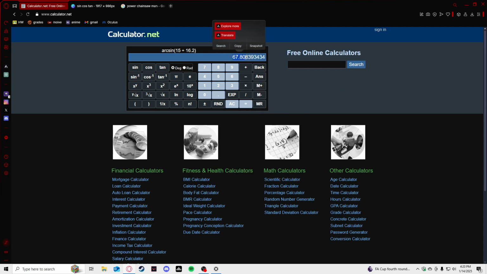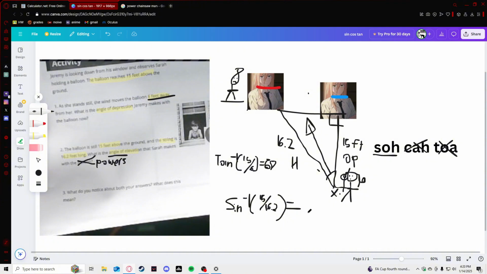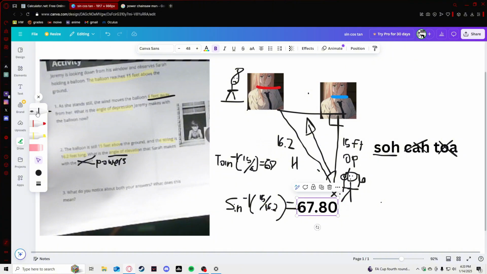So let's just copy this down real quick. Copy. Paste. And now Control Z. Whoa. That gives us our little thing, and we have this little circle above it. Did I put the right numbers? Wait a minute. Did I put the wrong numbers?